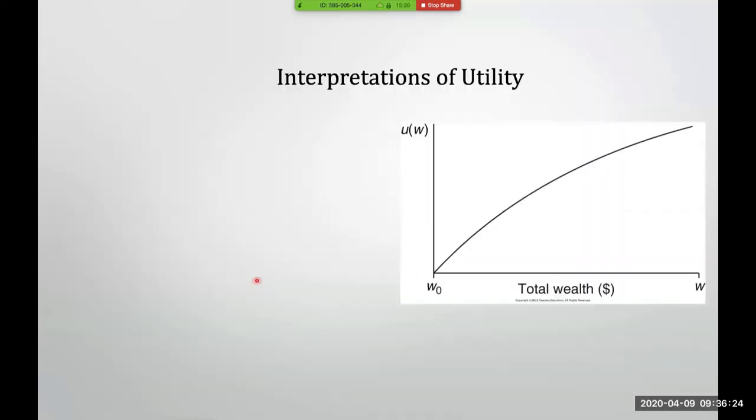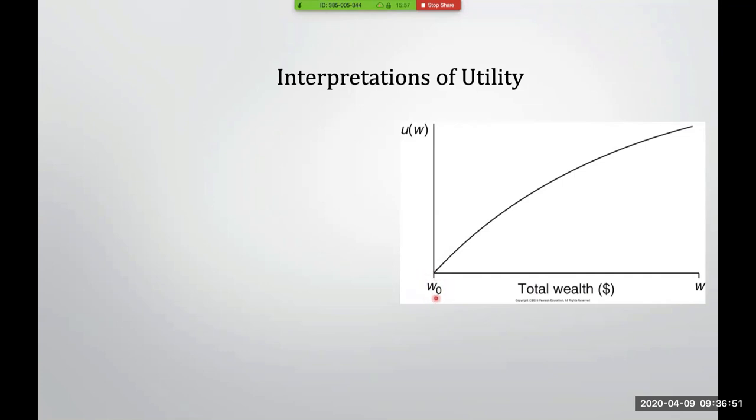So when we are looking at a person's U curve, what is on the left point of this horizontal axis is essentially what the person started this decision situation with, right? Before I decide on a certain scenario, I have W0 amount of money in my bank.